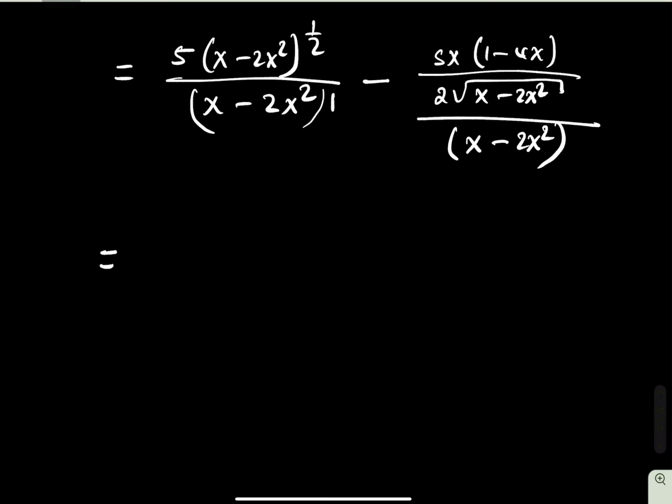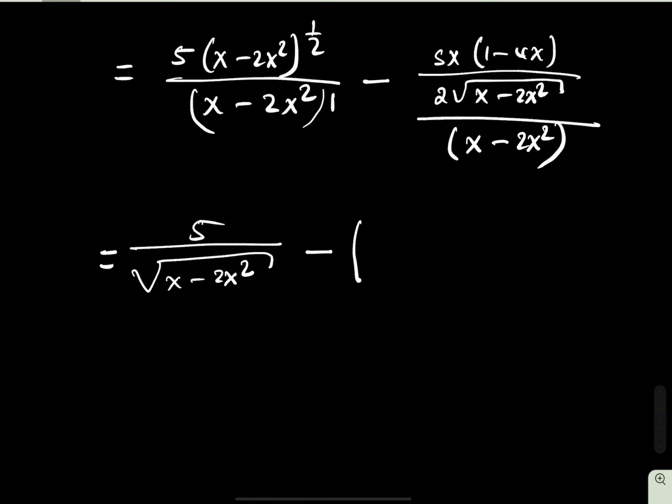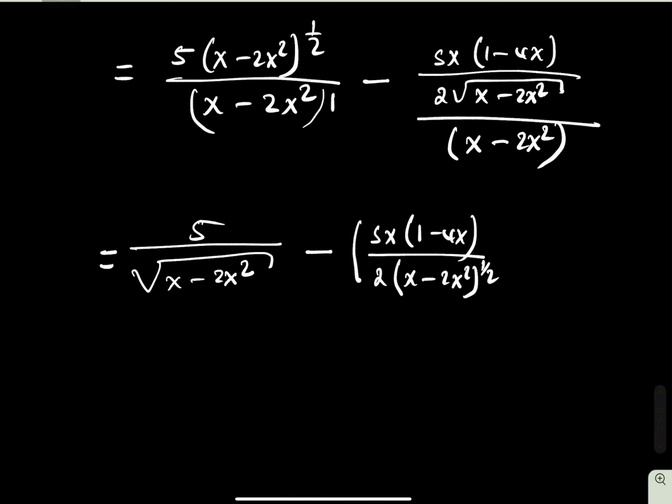So you are going to get a 5. If it's a negative half, you're going to get 5 over the square root of x minus 2x squared, minus, let's just do it this way, 5x into 1 minus 4x divided by 2 into x minus 2x squared to the power 1 over 2, multiplied by the inverse of this.